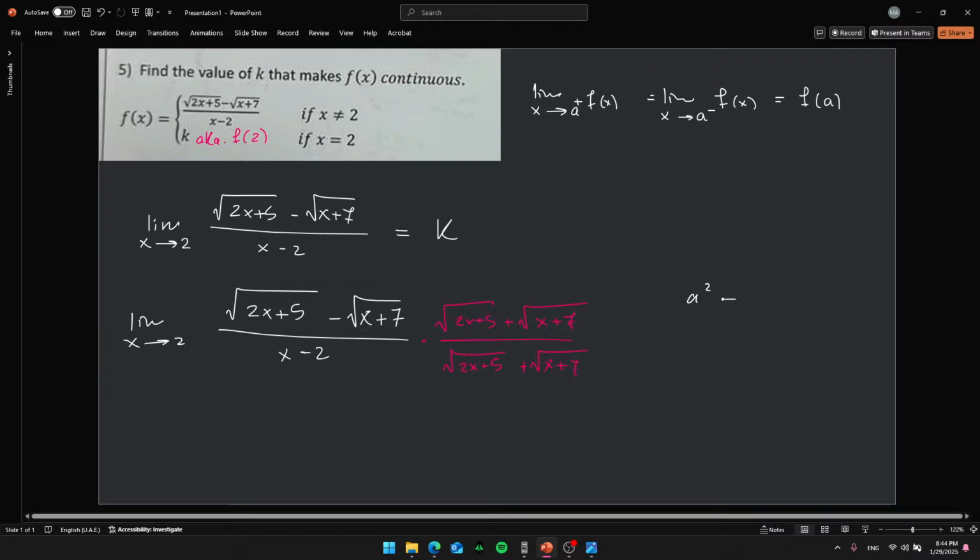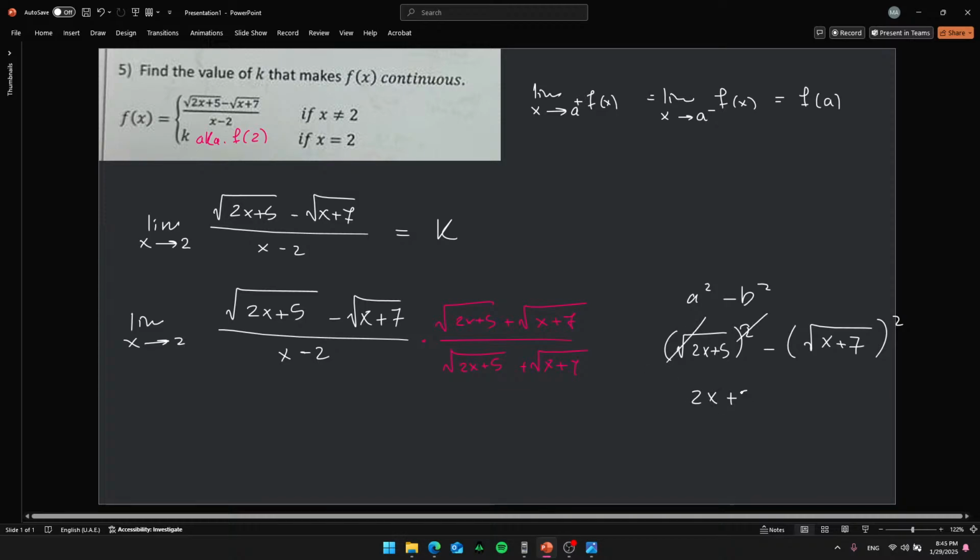Now the numerator will be simplified to a squared minus b squared. Where is a and where is b? This is a and this is b. So a is square root of 2x plus 5, squared, minus b, which is square root of x plus 7, squared. The square will cancel the radical.